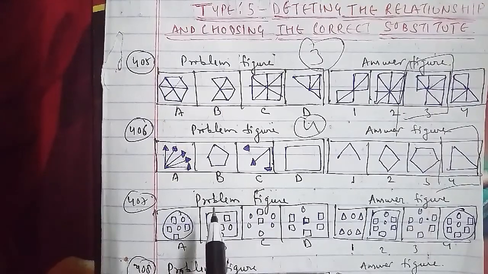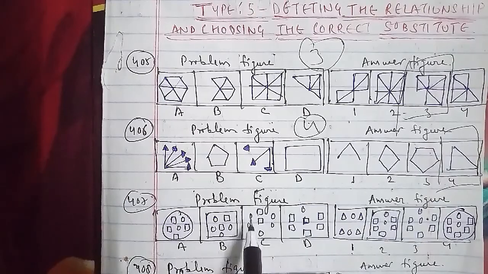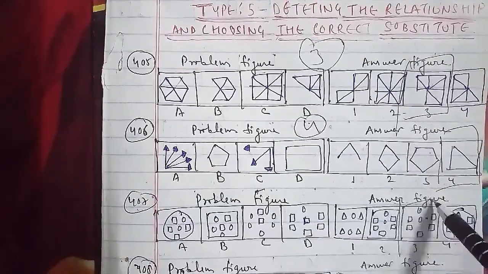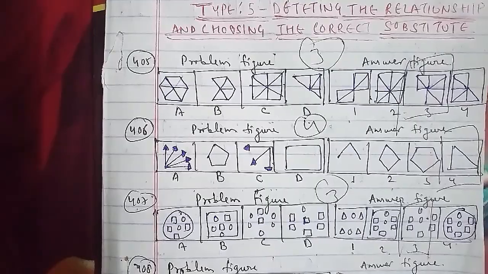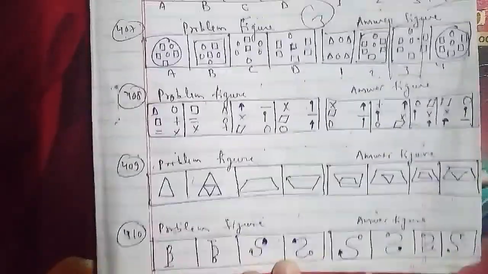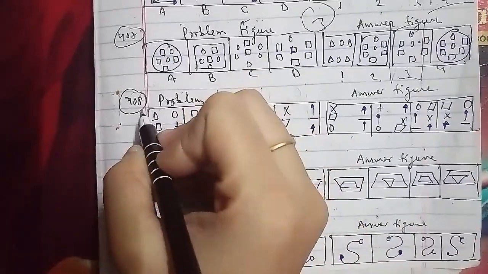Now we will go ahead with another question, which is the 408th question of the session. Here are the problem figures and the answer figures. Figure A has triangle, square, equal, circle, plus and multiply. Figure B has square, equal, multiply, triangle, circle and plus.